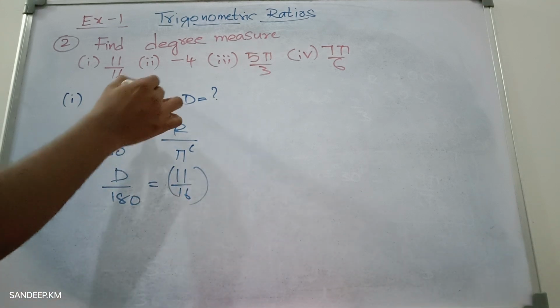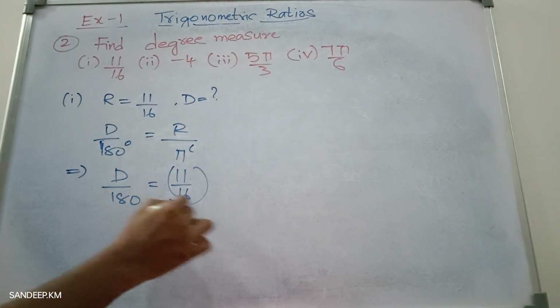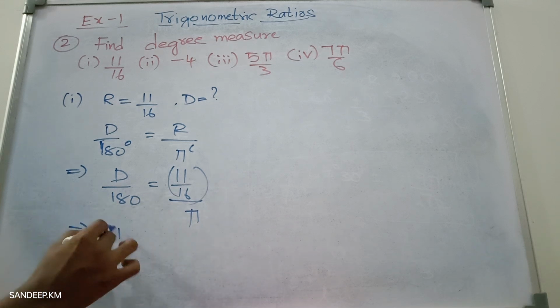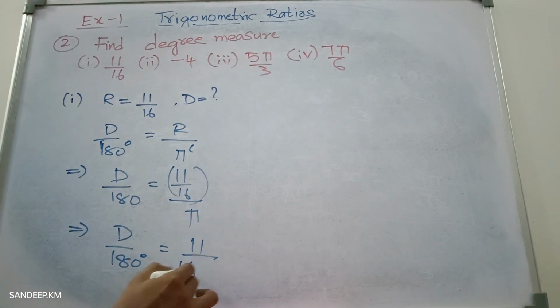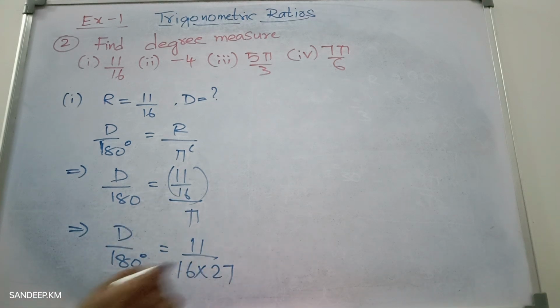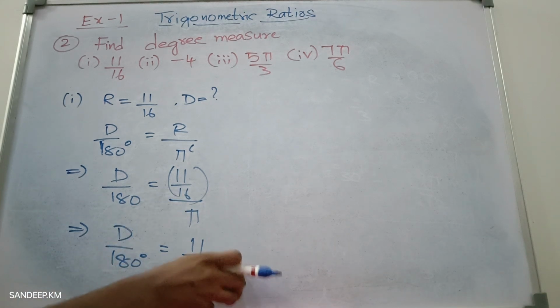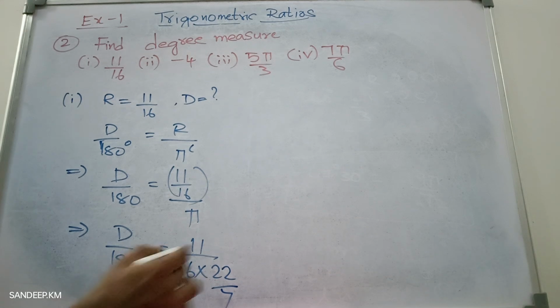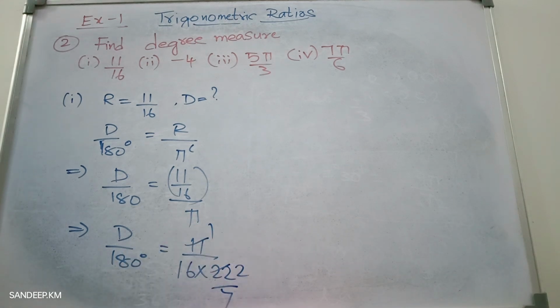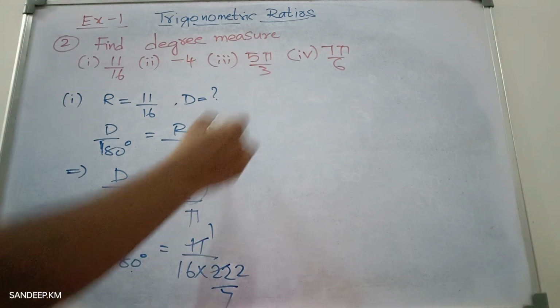Remember 11 by 16 means 11 by 16 radians divided by pi. So degree by 180 degrees is equal to 11 divided by 16 into pi is 22 by 7. So 22 by 7, 11 ones are 11, 11 twos are 22, and cross multiply 180 to the right side.